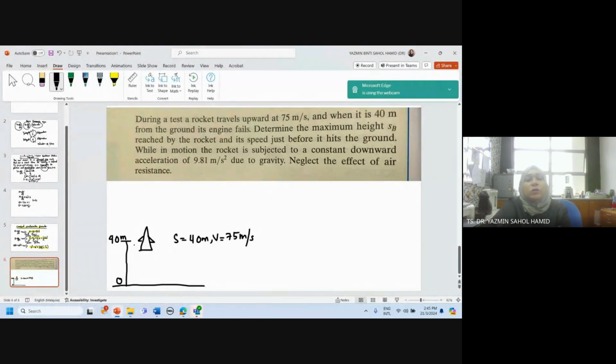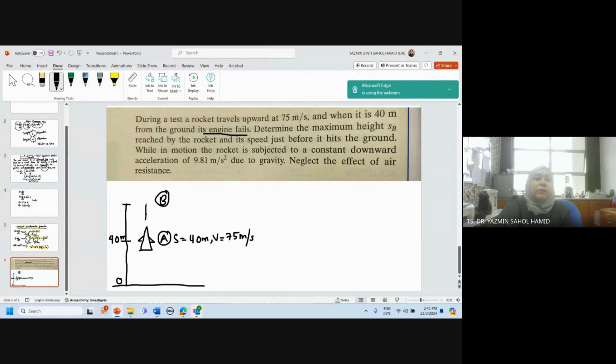Okay, all right. And then when it goes up, all of a sudden something happens to it. It fails. Let's say this is position A, and then at position B, what happened is, as mentioned here, the engine fails. So it speeds up at 75, but all of a sudden it fails.